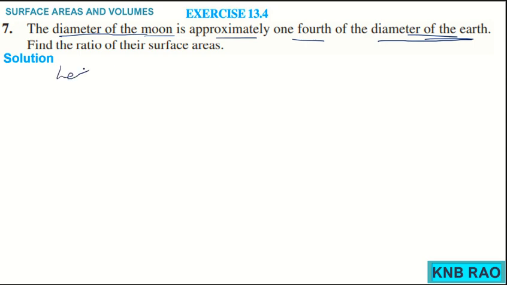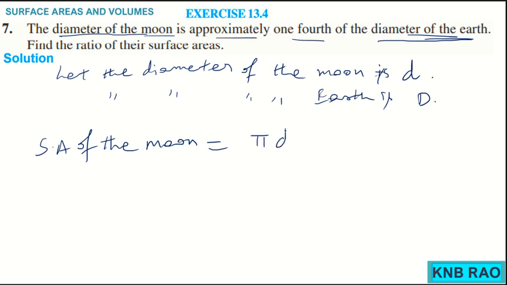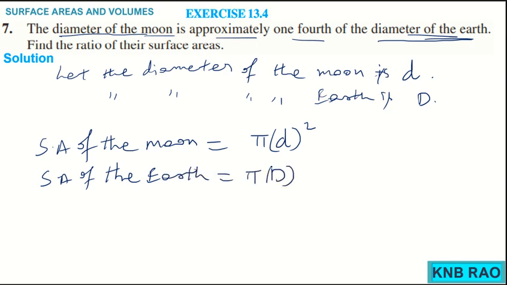So, we will assume, let the diameter of the moon be small d and the diameter of the earth be capital D. After assumption, you know the surface area of the moon is pi small d square, and the surface area of the earth is pi capital D whole square.